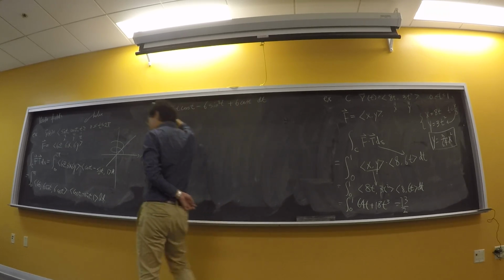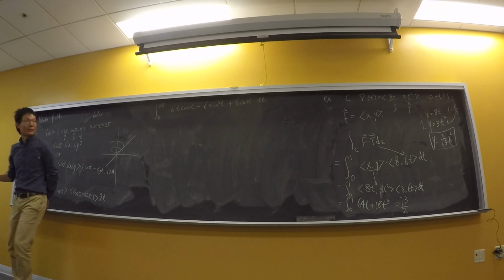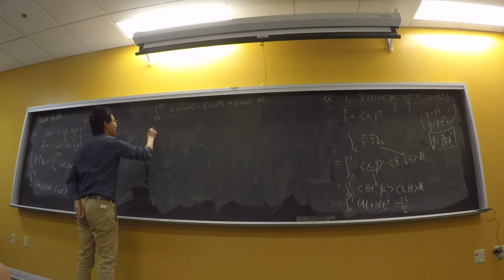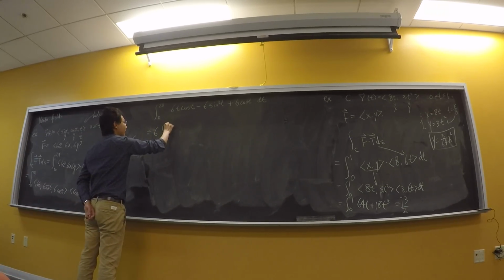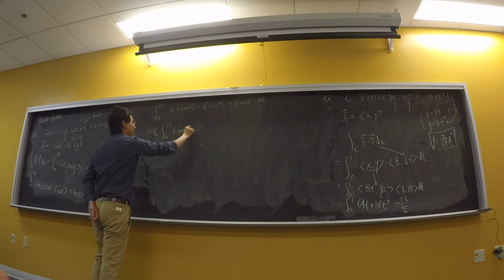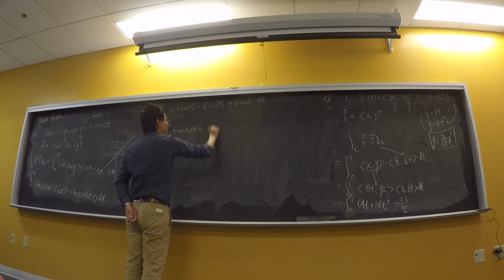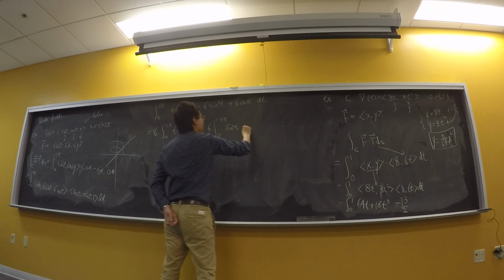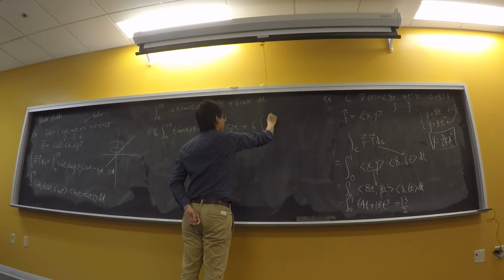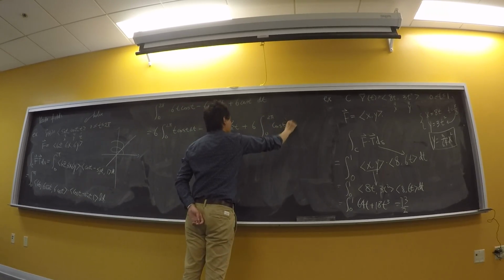These are all linearly combined together, so I can break them down. This is going to be 6 times the integral from 0 to 2 pi of t cosine t, minus 6 times the integral from 0 to 2 pi of sine squared t, plus 6 times the integral from 0 to 2 pi of cosine t.